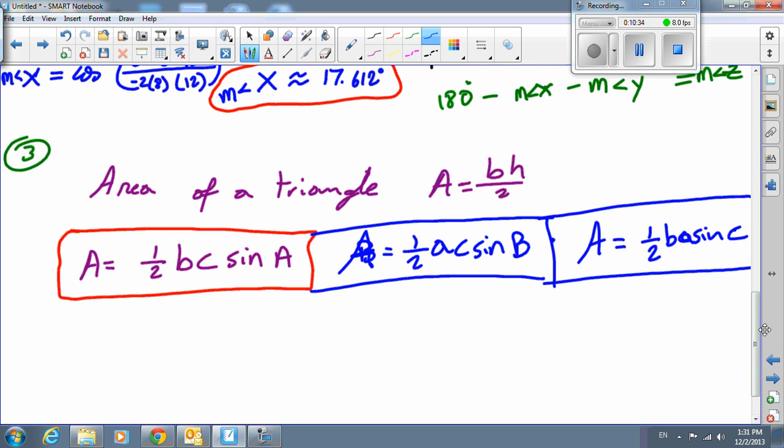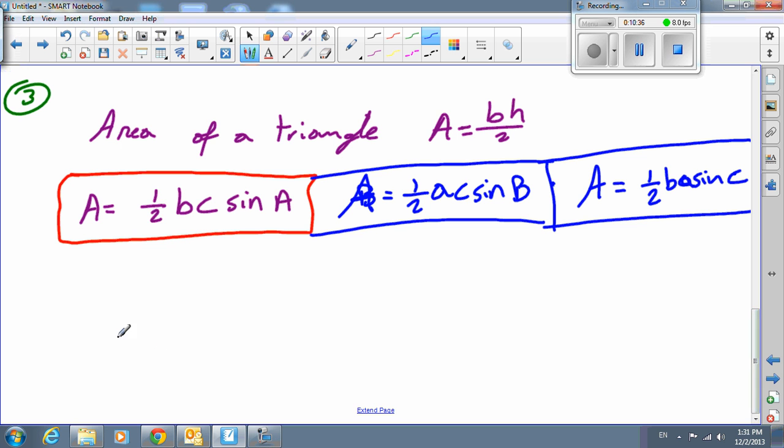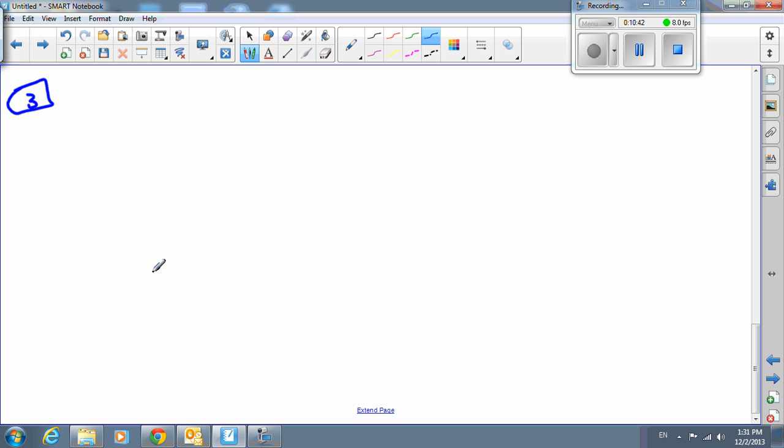All right, one last thing for number 3. Let's go ahead and find the area of triangle XYZ, or let's do the one in number 2.